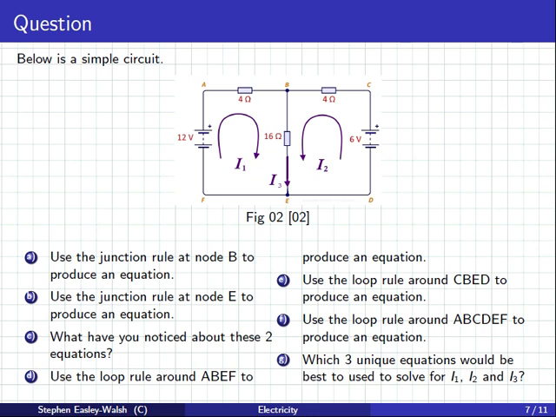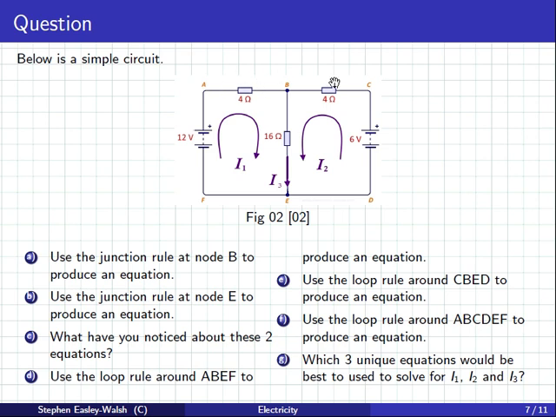Right. Diego, give me the loop around the entire outside. Start where? 12. Start at 12. Okay, go. 12. Yep. Plus. No. Go with the flow. 12 minus 4 times I1.